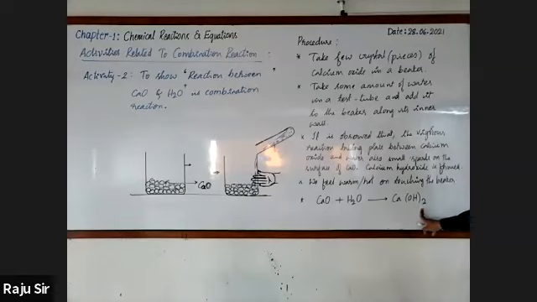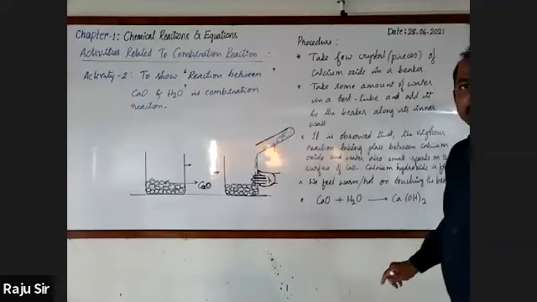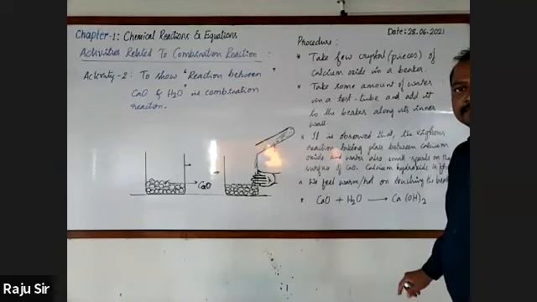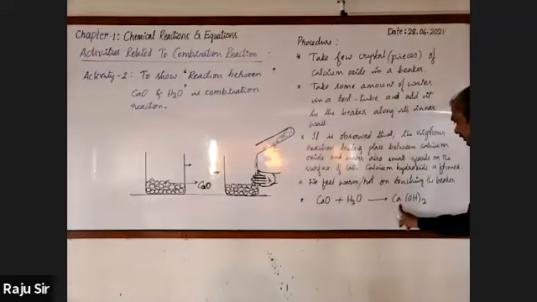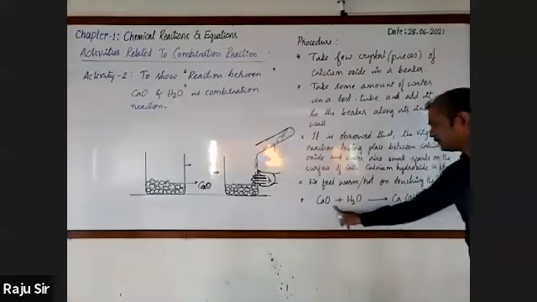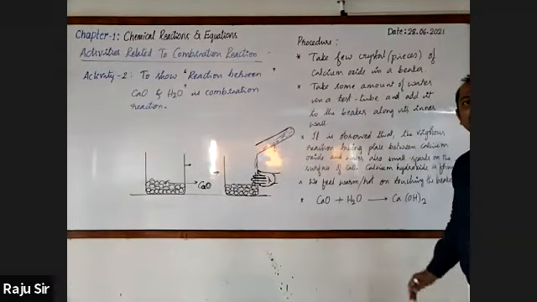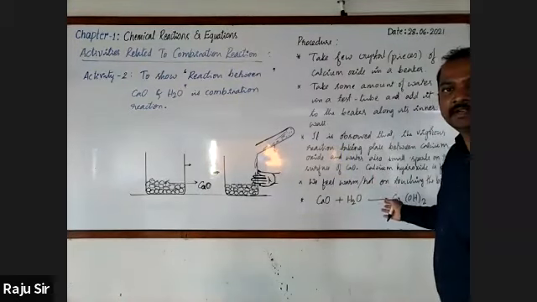Then, should it be balanced, or is it already balanced? Calcium one atom, hydrogen two atoms, oxygen two atoms. Here 1 plus 1, 2. It is already balanced. You need not go for balancing it again.